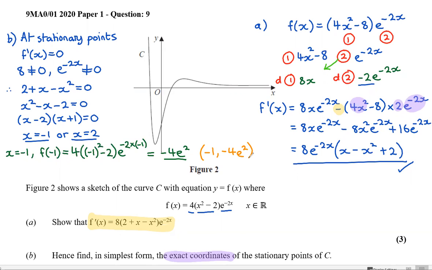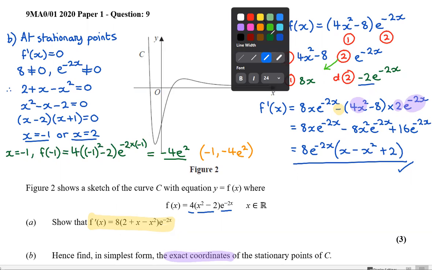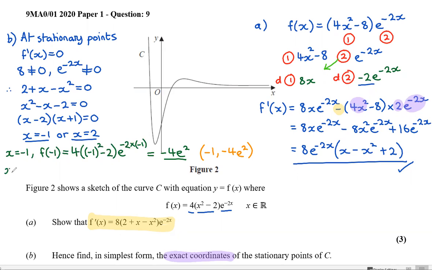Okay. And the second set of coordinates, if we sub in x is equal to 2, we're going to have f of 2, which is equal to 4 multiplied by (2 squared subtract 2), which is 2, isn't it? So that's going to be 8. And then e to the power -2 multiplied by 2.